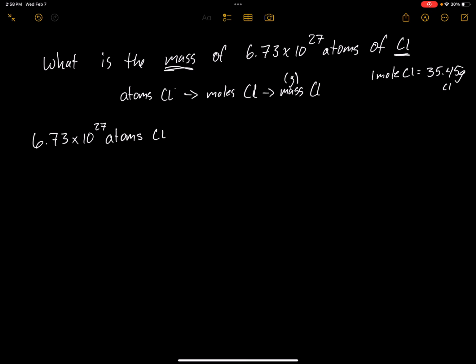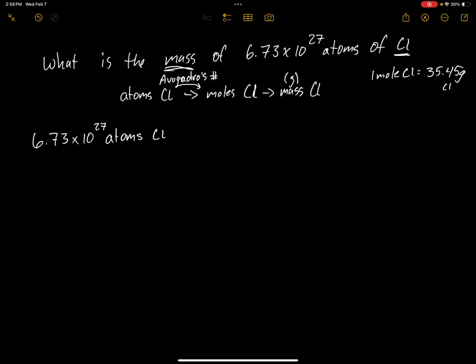Now, for this conversion factor right here, we use Avogadro's number, which is 6.022. I've always used 6.022. Some people use 6.023 times 10 to the 23rd atoms, though.